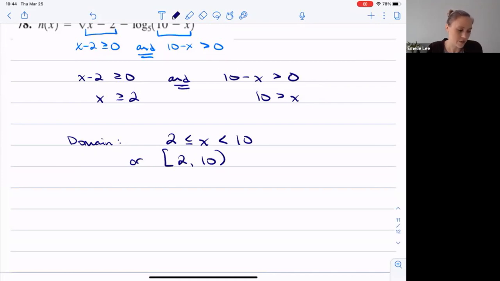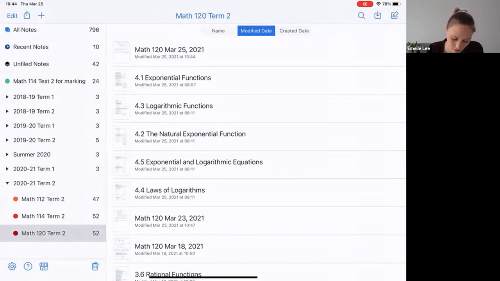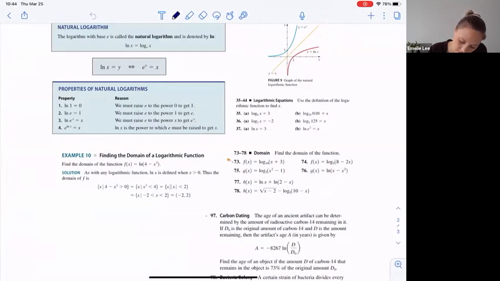So now, last thing I want to do, and I know I'm pushing you guys hard, but these are all just, hopefully, quick skills. We're going to use the definition of a logarithmic function.